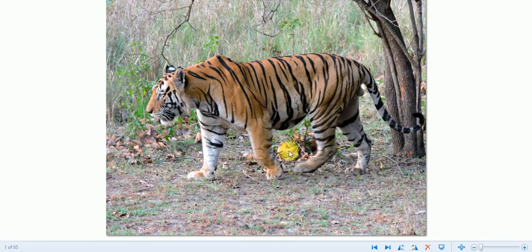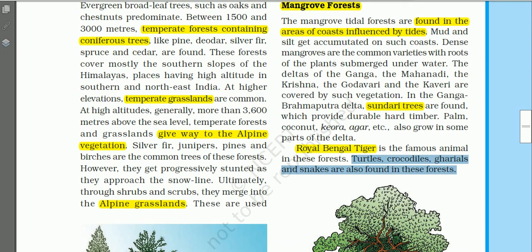This is the photograph of the Royal Bengal tiger. It is a very big animal. It weighs more than 320 kg. The length of the adult is about 12 feet; it ranges between 8 to 12 feet long.